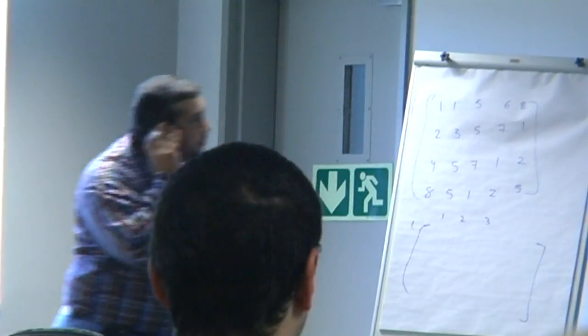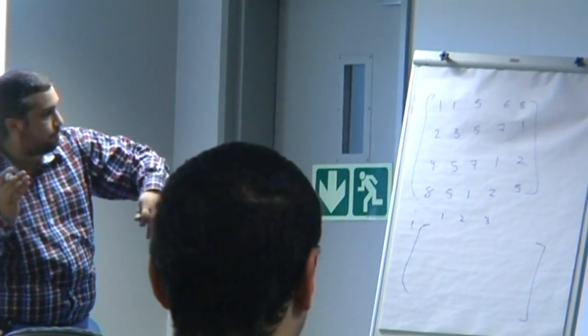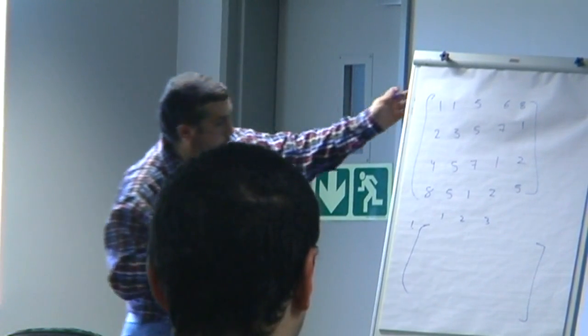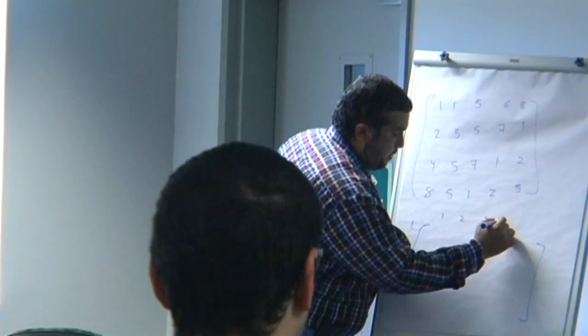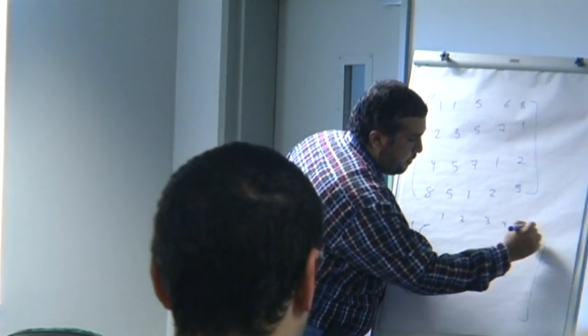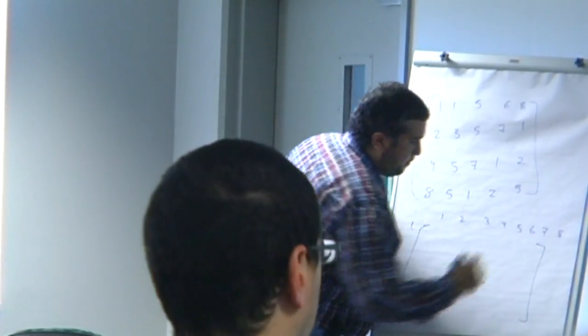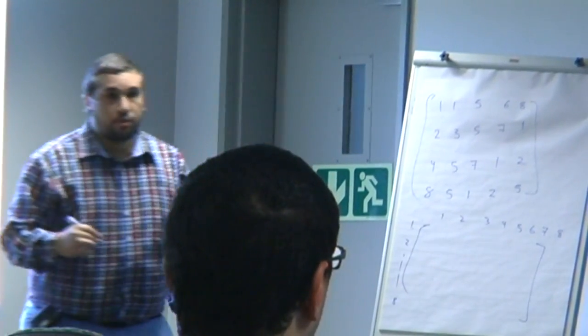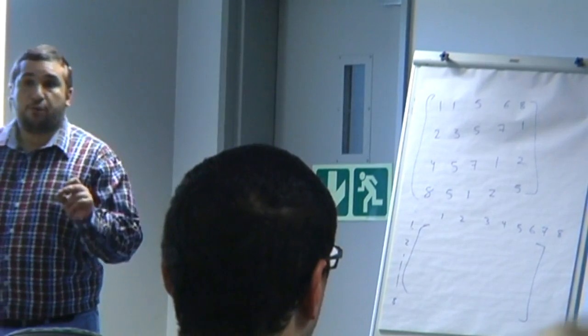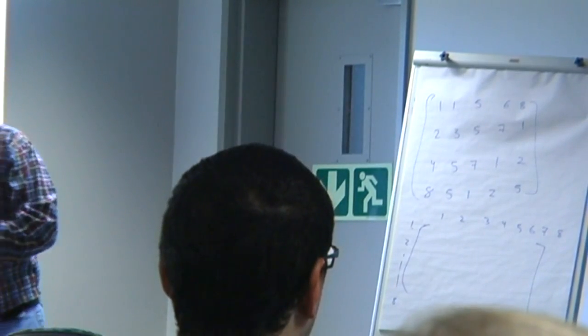By the way, the maximum gray level here is 8. So that's why we built our matrix here, 1 to 8. As I said, we look for the frequency of the pair of pixels.